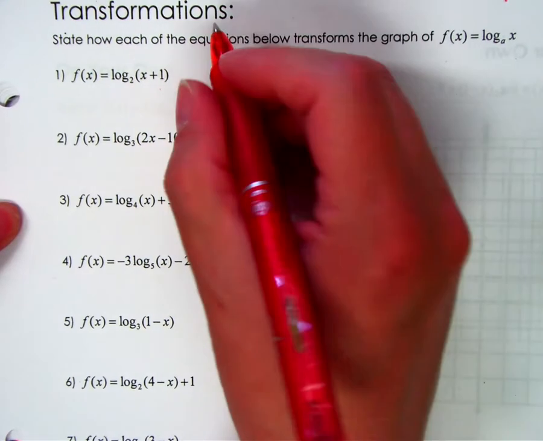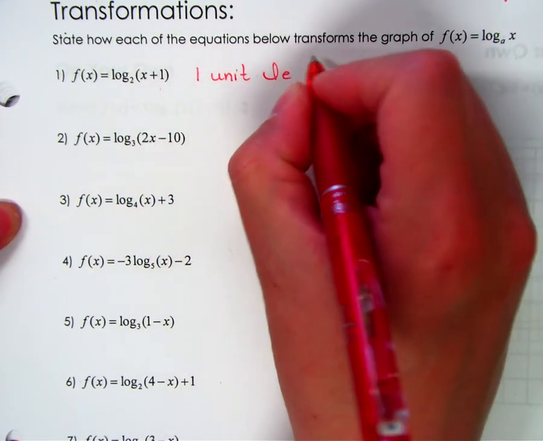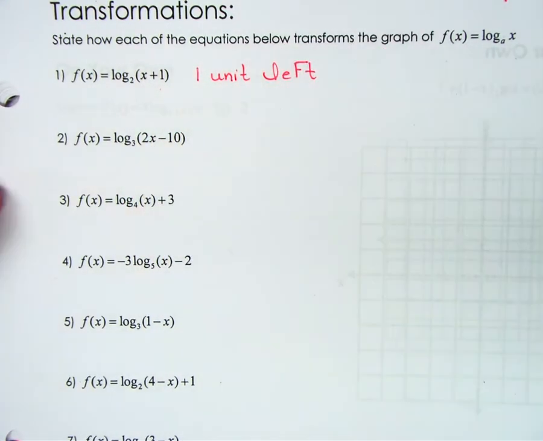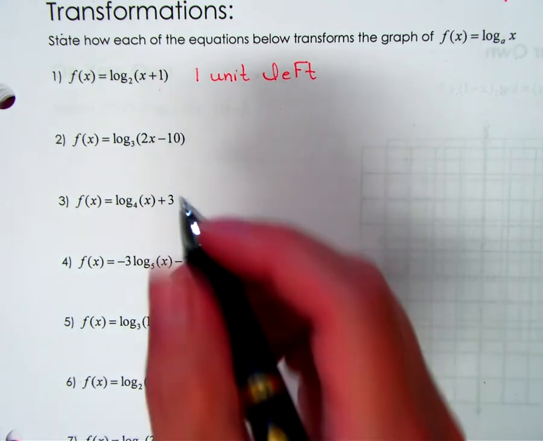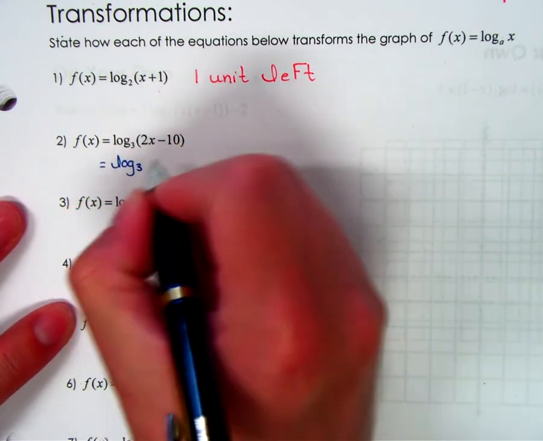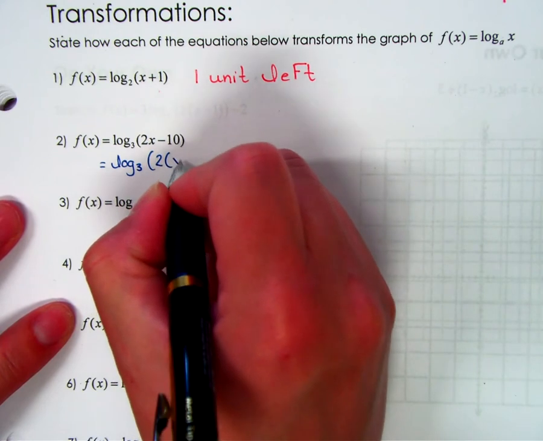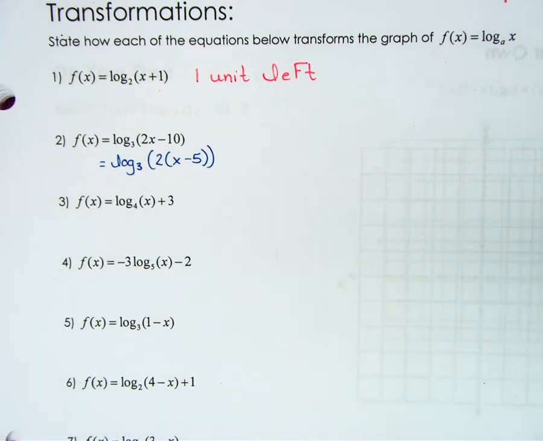One left. Okay, what about number 2? It's kind of a trick question, but you guys have seen it a million times before. And I would expect that you still have that knowledge in your head.